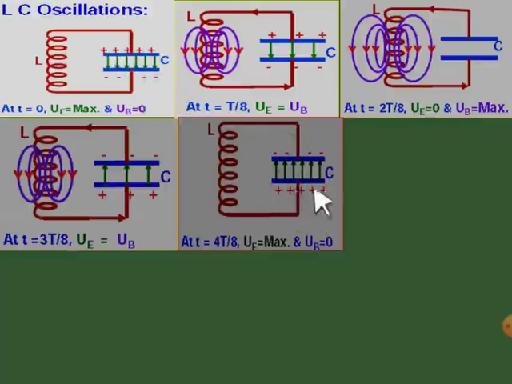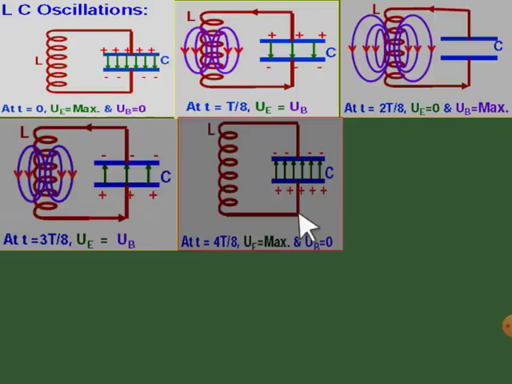Here the positive plate is on the lower side and the electric field will be upward. The only difference is that the electric field is just opposite, so now this side is at higher potential and that side will be at lower potential.